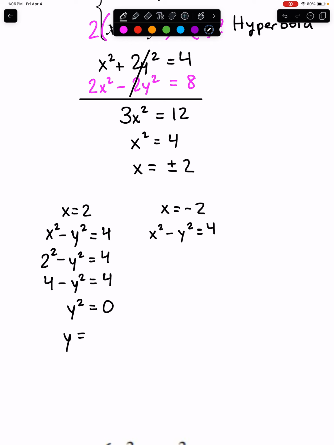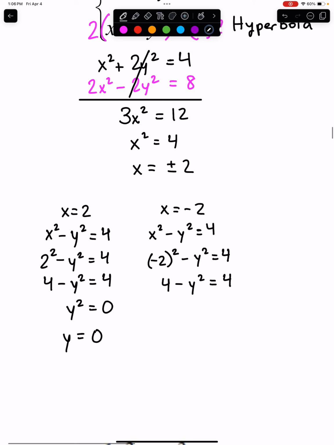So y equals, 4 minus 4 is 0, so y equals 0. And over here for negative 2, I get negative 2 squared minus y squared equals 4, so 4 minus y squared equals 4. So y squared still equals 0.